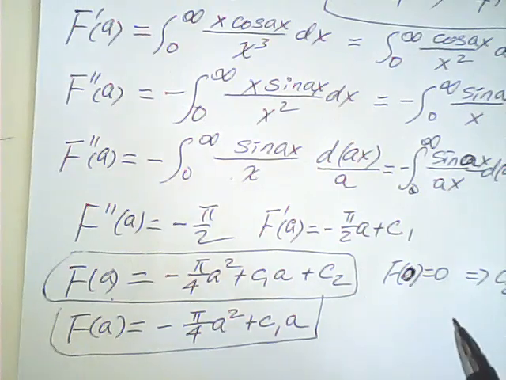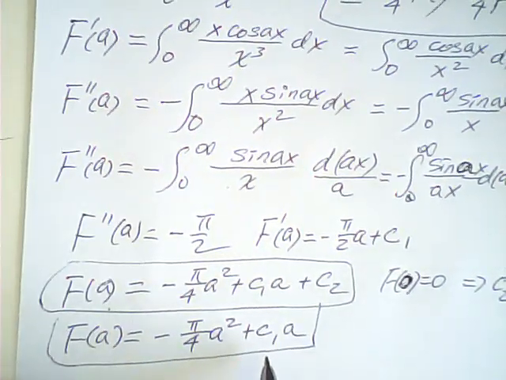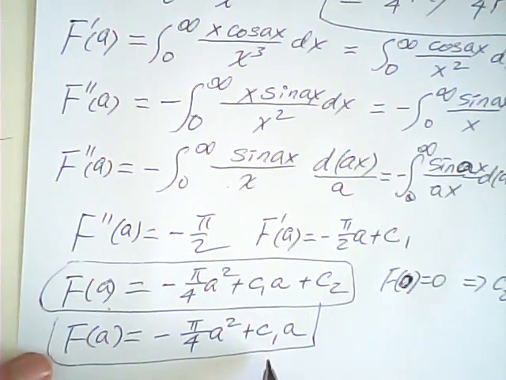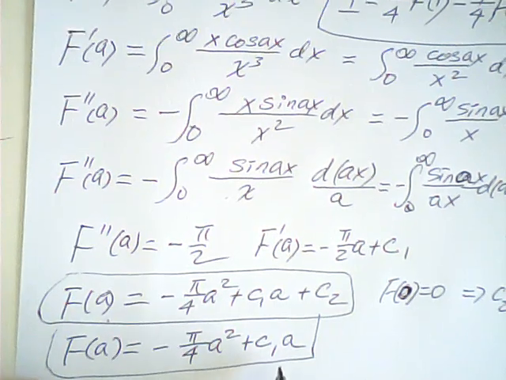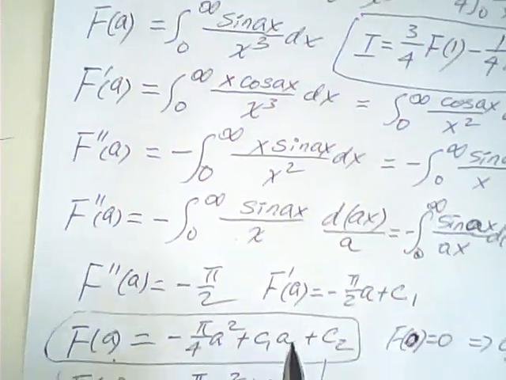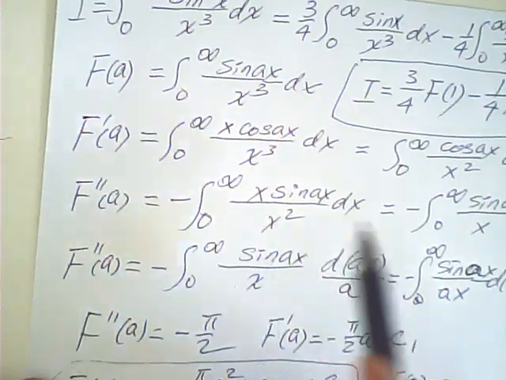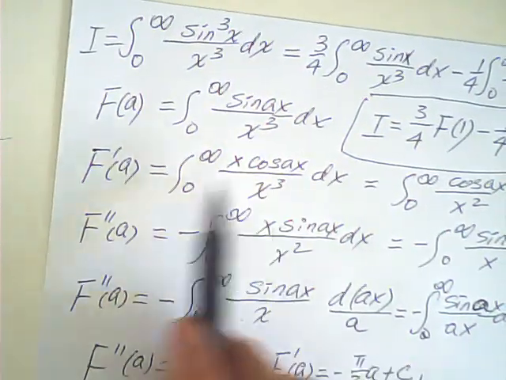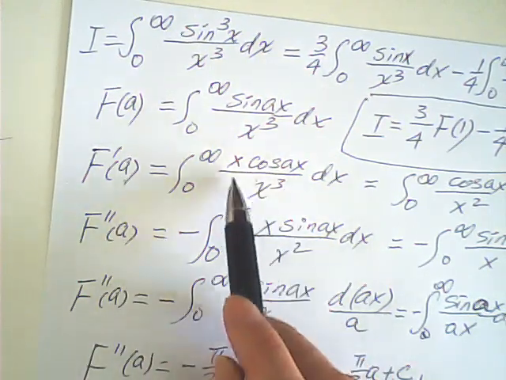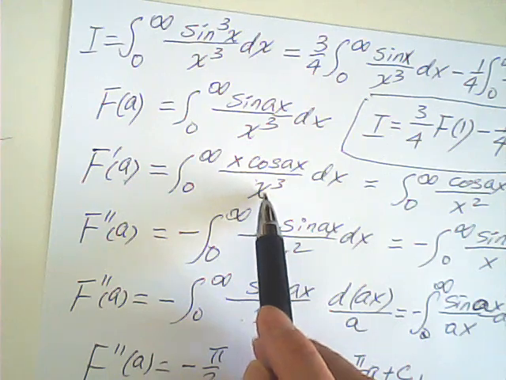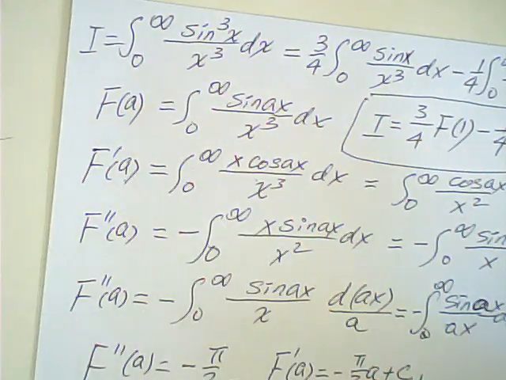Now, if we try to find C1, it's difficult. You know why? Because when a equals 0, f prime of 0 is equal to the integral of 1 over x squared, which is divergent.